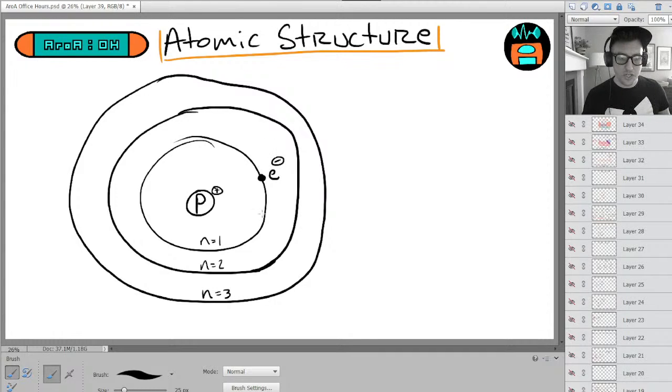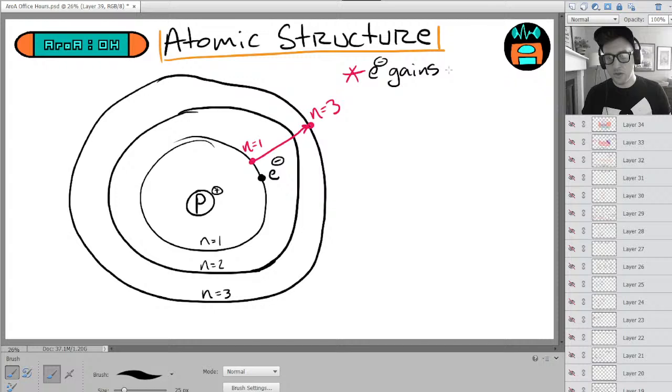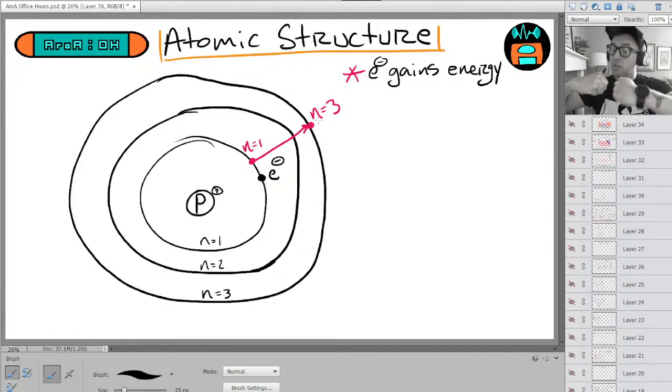So if you transition, for example, from n equals 1 to n equals 3, the electron gains energy to transition from a lower energy shell to a higher energy shell, because the electron wants to be as close to the nucleus as possible, and it's being forced apart.